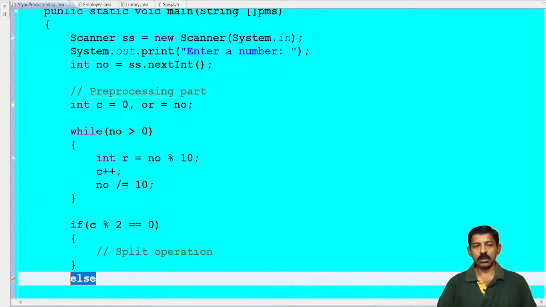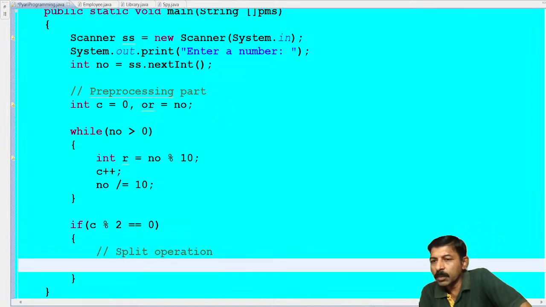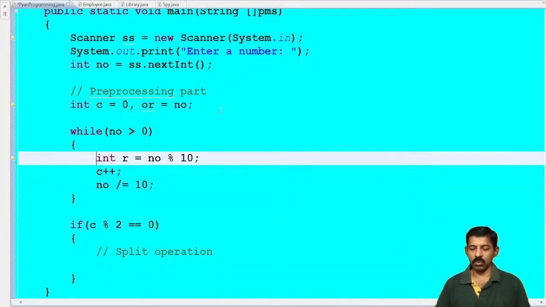Fine. So split operation now. Ayushman Batra, if statement to check whether even number of digits are there or not. Now if condition, if it is true, R modulo 10 is not required. Good observation here, R modulo 10 is not required.